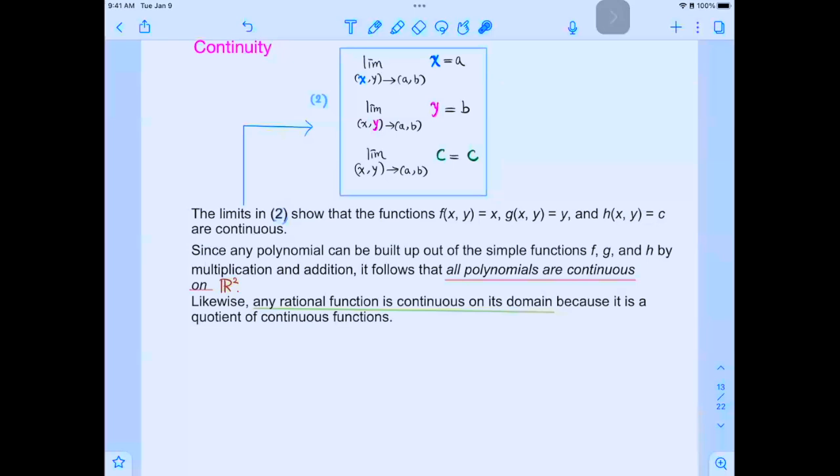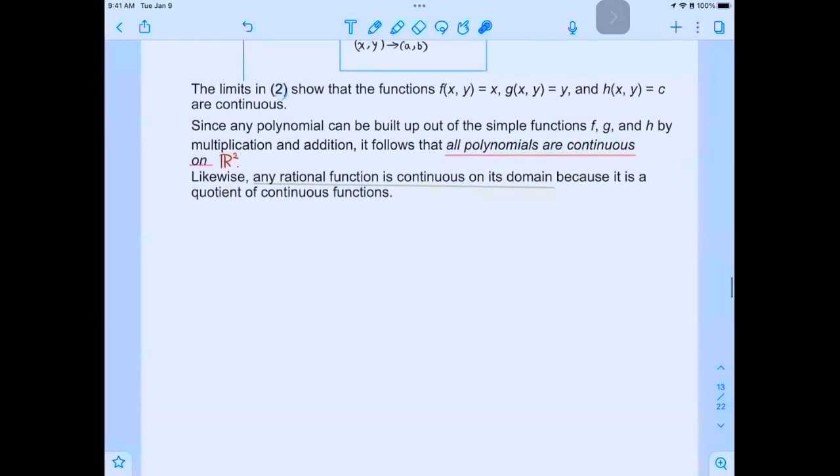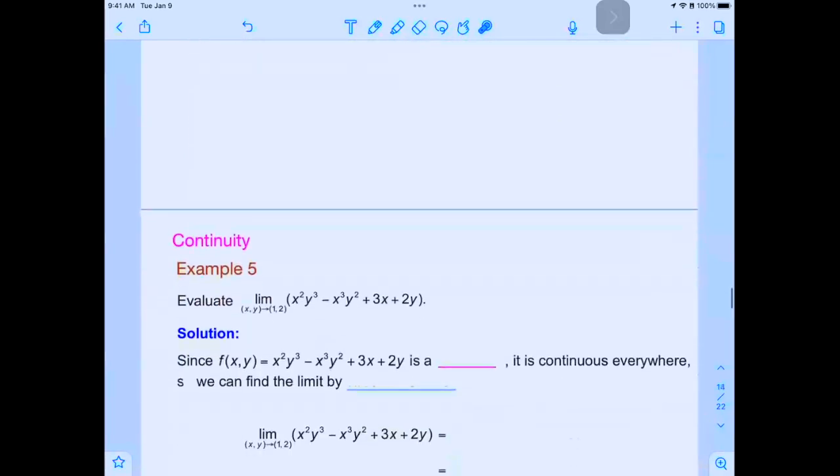Okay? Because it's a quotient of continuous functions. So there are two things that we learn. Okay, a polynomial function is continuous on R2. A rational function will be continuous on its domain. If it's not in the domain, it's not continuous.